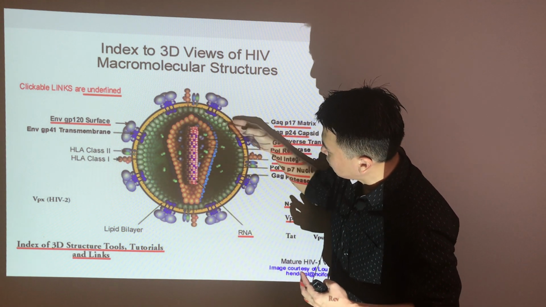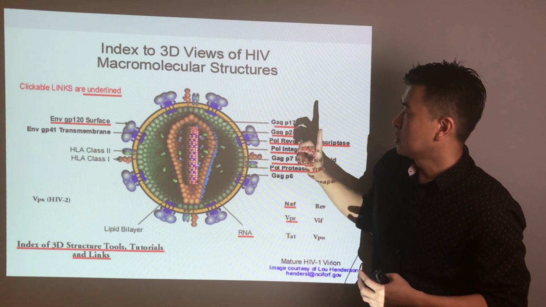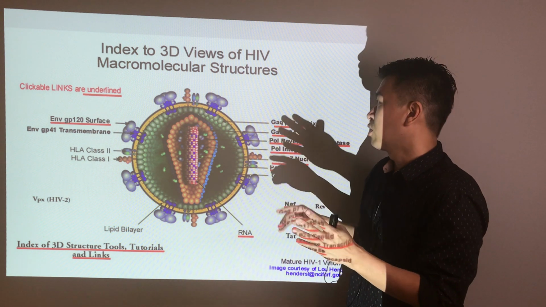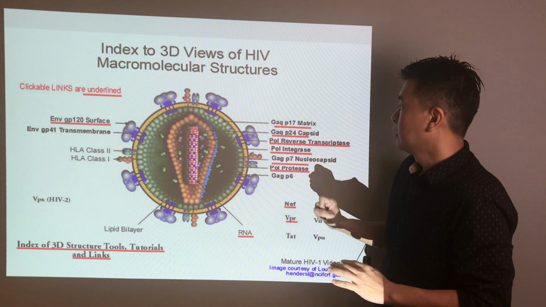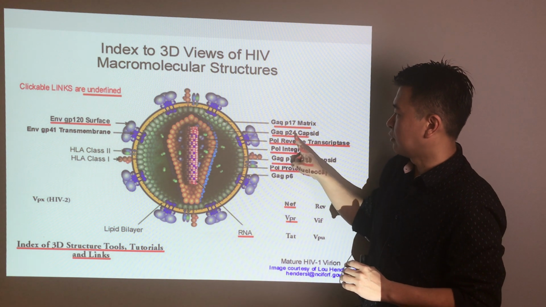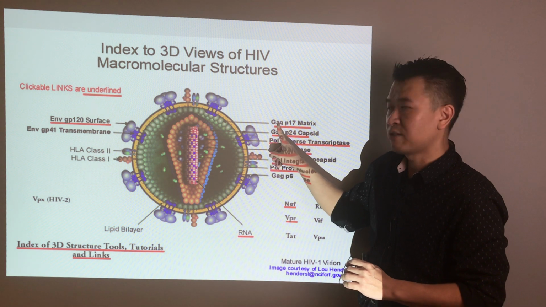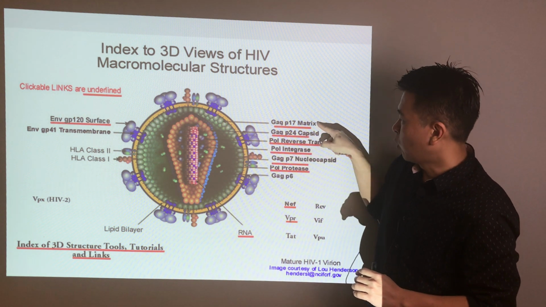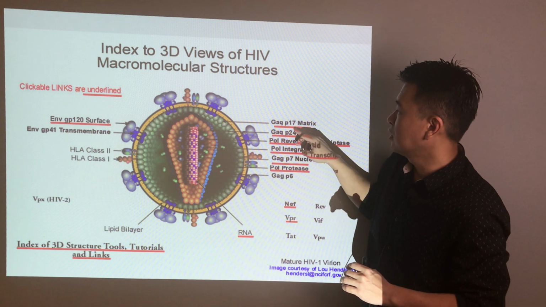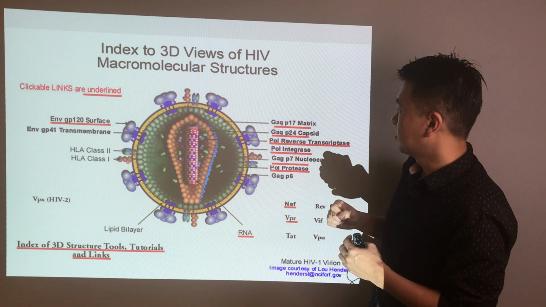Underneath this layer of membrane, you have the matrix protein, which is in green color. All right, so the group-specific antigen, gag, is the gene that codes for 4 proteins. We have p17, p24, p7, and p6. Group-specific antigen, right, 1, 2, 3, and 4. These are the 4 proteins coded by the group-specific antigen gene.